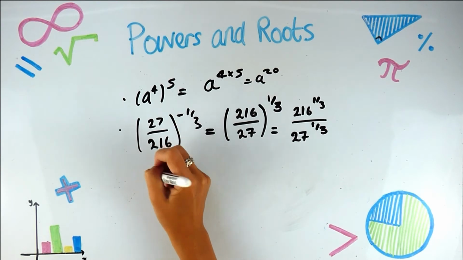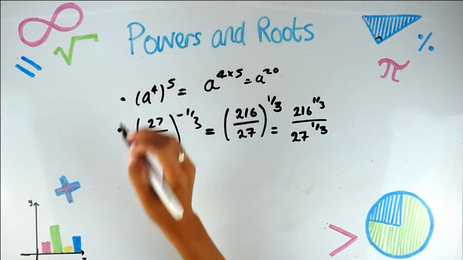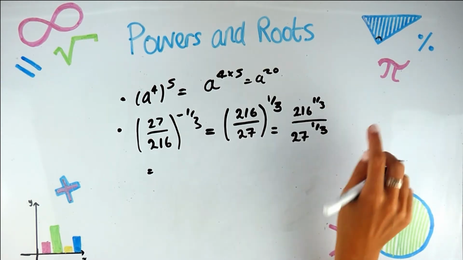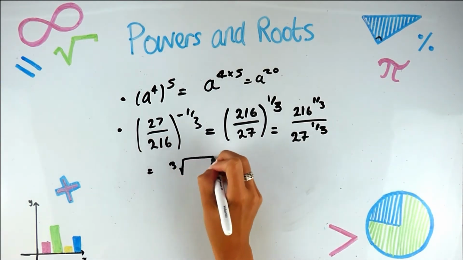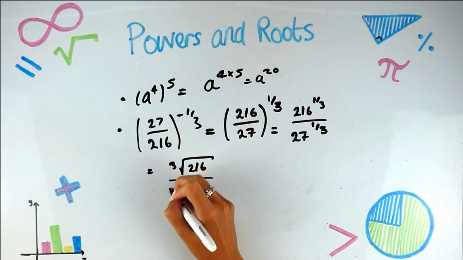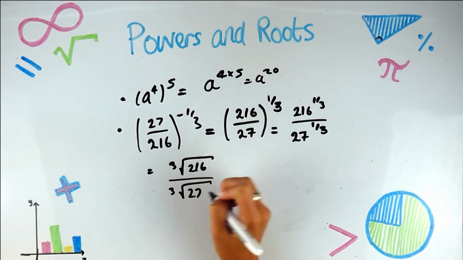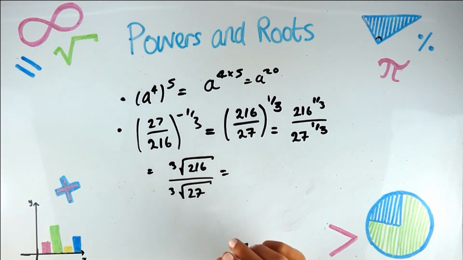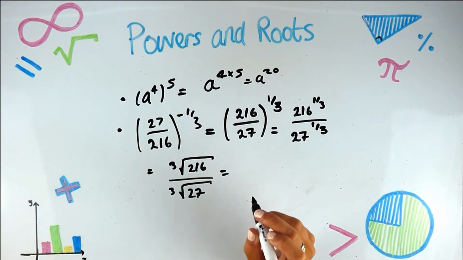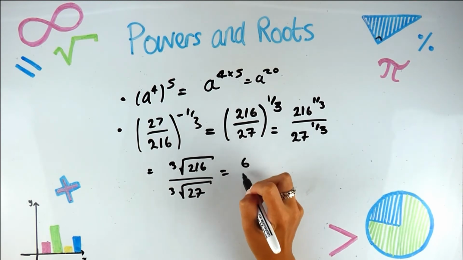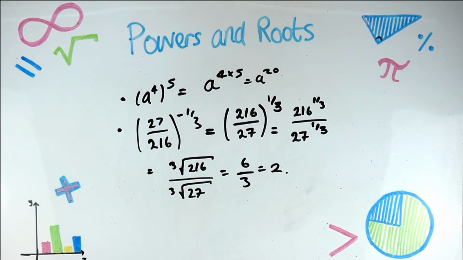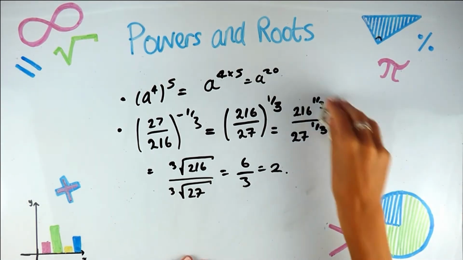And I know from a previous rule, this one's using so many rules, I love this example, to the third is the same as cube root. So the cube root of 27 is 3 and of 216 is 6, so that is 6 divided by 3, which is 2. Okay, so just take it step by step, don't get too confused, get as far as you can, you're going to get marks.